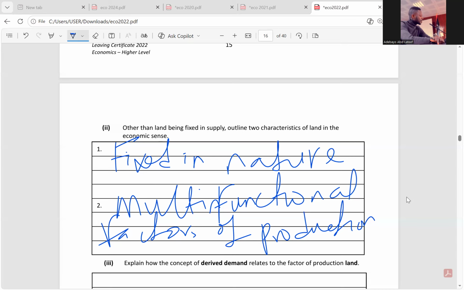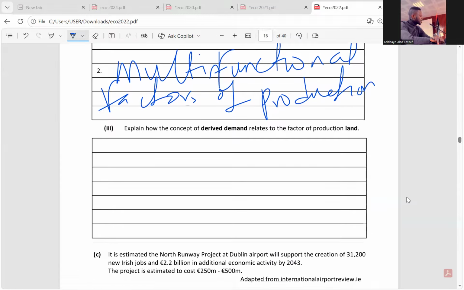Okay. So the next question says, explain how the concept of derived demand relates to the factor of production land.